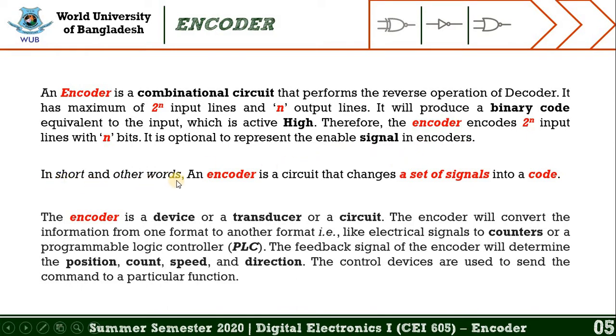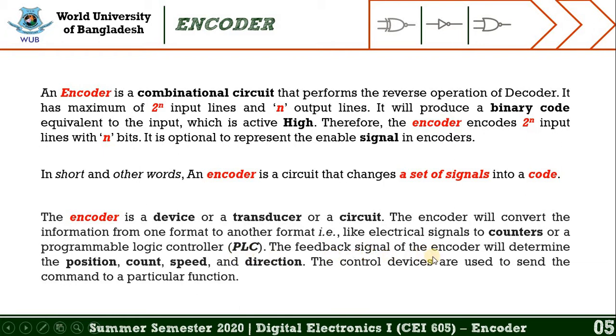In short, we can say an encoder is a circuit that changes a set of signals into a code. The encoder is a device or a transducer or a circuit. The encoder will convert the information from one format to another format, such as electrical signals to counters, or a programmable logic controller, which is in short PLC.